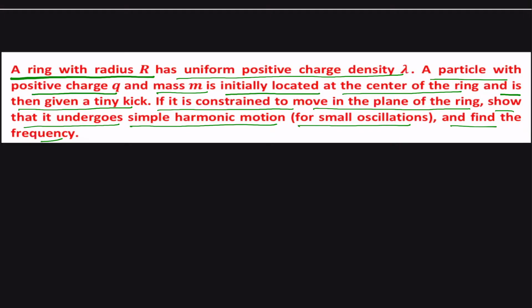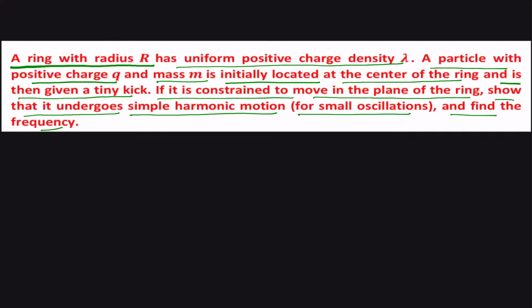In this case, we are going to find out the frequency of the oscillation, and we are given the ring and the charged particle which is placed at the center.